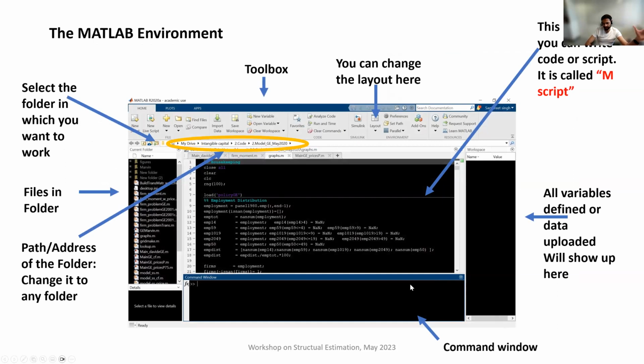You can undock this part of the MATLAB workspace and put it in a different screen, or whatever you want. You can undock any part. You see all these arrows are for undocking these different workspaces.